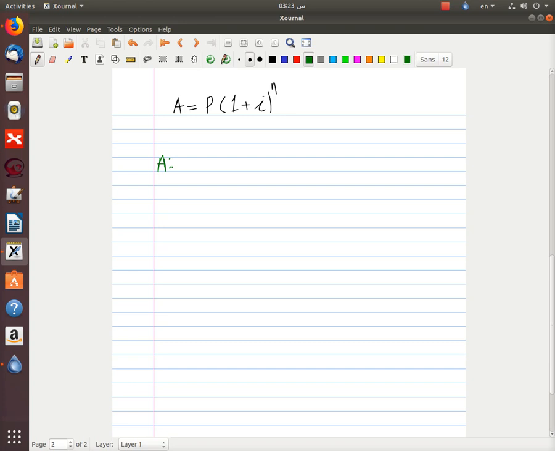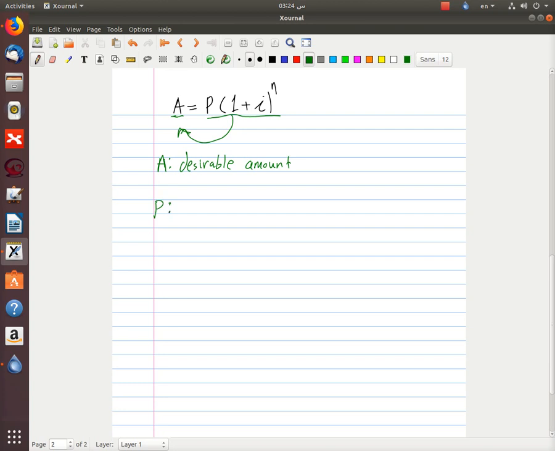You plug in all of the numbers, do all the calculations, and you will get A. So A is the desirable amount, the thing on the left. Pretty straightforward.